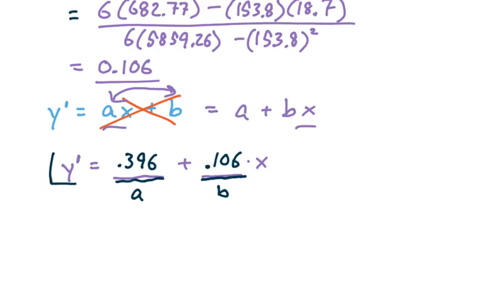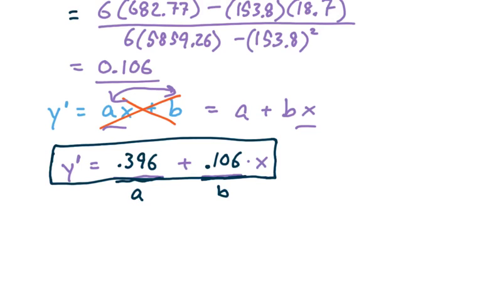So if it just asks you to find the equation of the regression line, that would be our final answer. Y prime is equal to 0.396 plus 0.106 times x. It asked us to go ahead and graph the line of best fit, or the regression line, if you will, on our scatter plot.